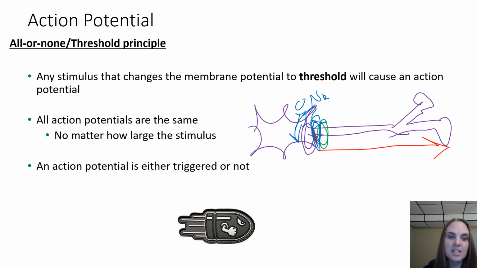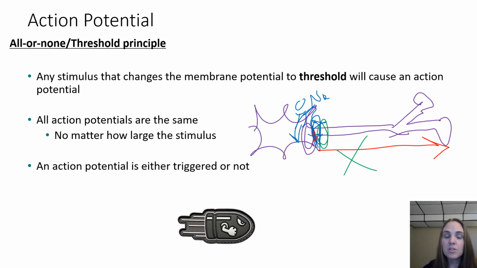If that depolarization, I said, is not large enough, if that graded depolarization from that initial stimulus on the dendrite or cell body is not large enough to depolarize to threshold, then no action potential will be generated at the trigger zone. So we will not get any action potential traveling down the axon. So it's an all or none response.